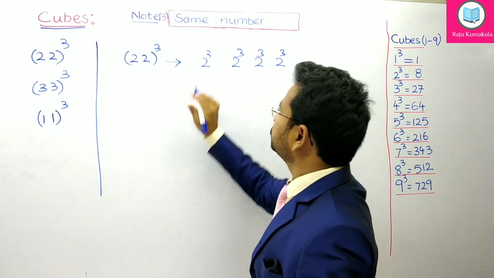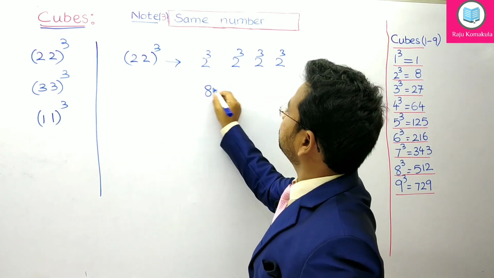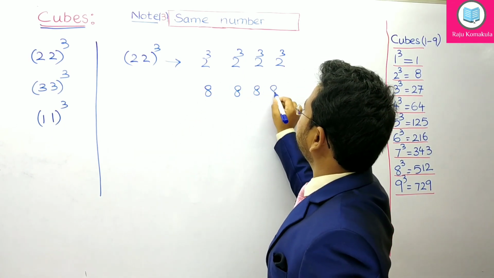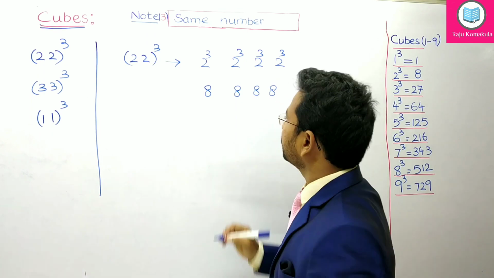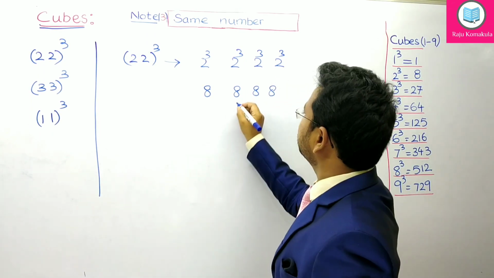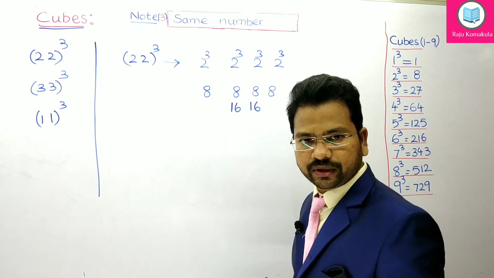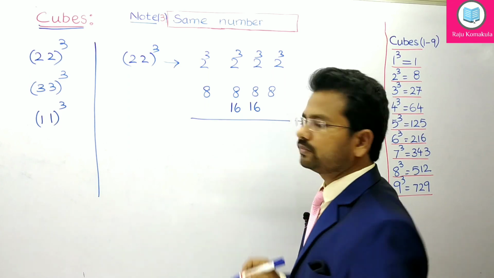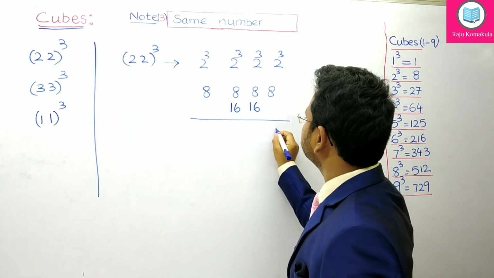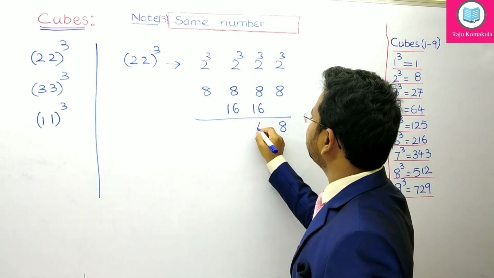So what is 2 cube? You know that is 8 only. That is nothing but 8, 8, 8, 8. Now the middle 2 digits, double them. Double of 8 is 16, double of 8 is 16. Now just add them. 8 as it is. 16 plus 8 is 24, but I am writing only 4.